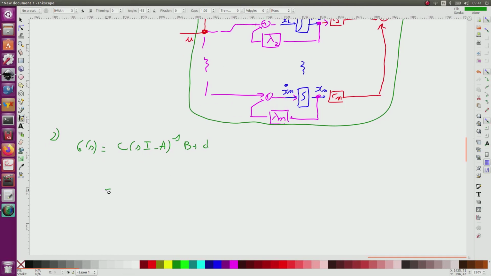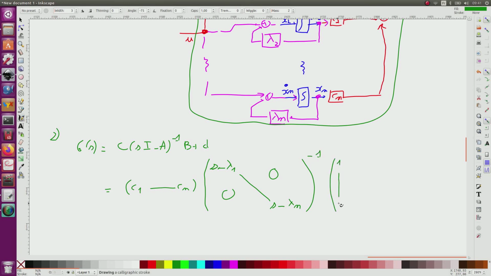So I will perform this computation. I will have C1 to Cn multiplied by sI minus A, which will be s minus lambda 1, s minus lambda n, and zeros everywhere, inverse. B is made with ones, like this, plus D.